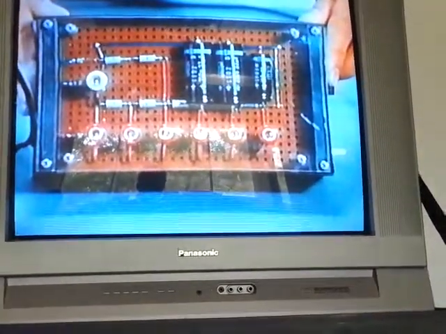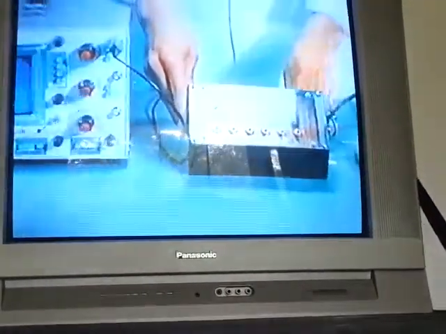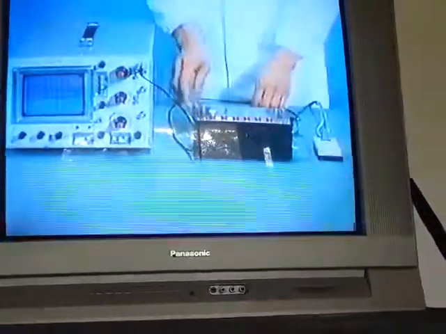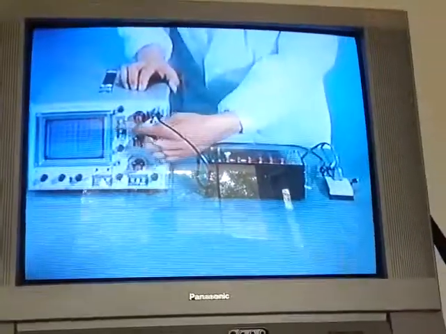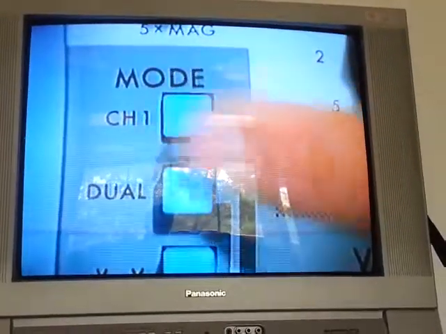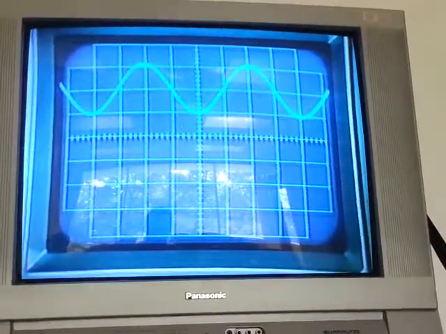This is a rectifying circuit which transforms the alternating current into the direct current. We'll study the processes one by one. First, the original alternating wave pattern is shown here in the upper portion of the screen.